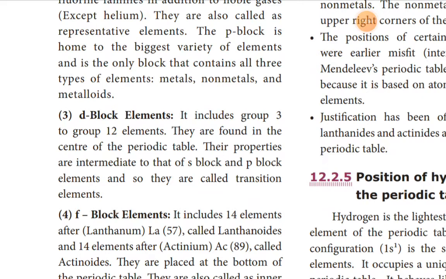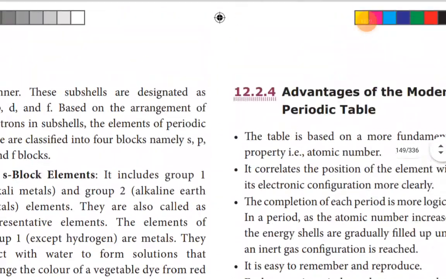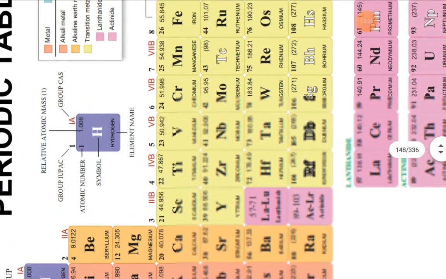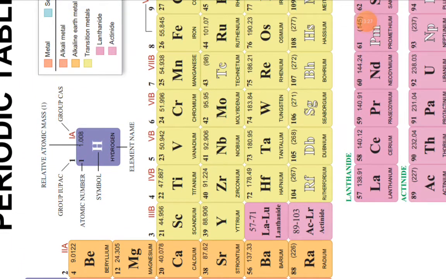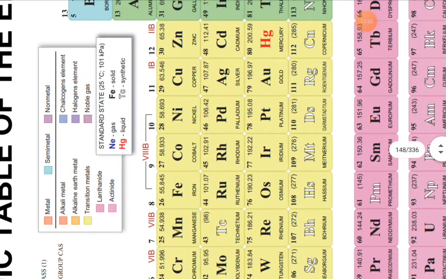D block elements are found in the center of the periodic table, in between the S block and P block. Similarly, their properties are also intermediate between the S block and P block. That's why they are also called transition elements. When you refer to the periodic table, see group 3, scandium, titanium, vanadium, chromium, manganese, iron, cobalt, nickel, copper, zinc.